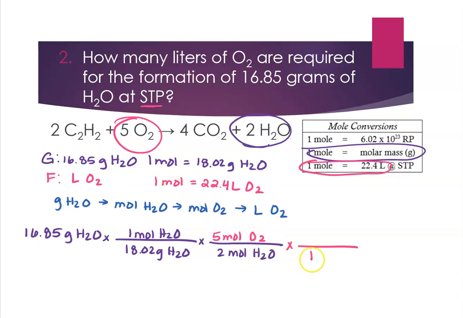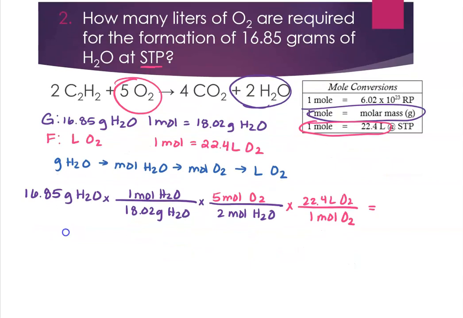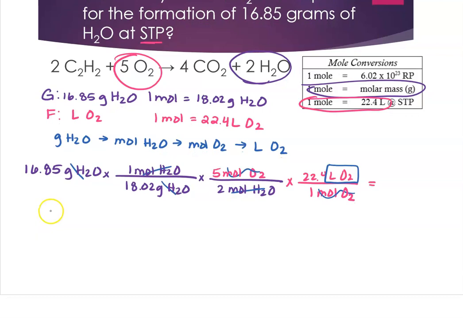So moles of O2 are on top, so 1 mole O2 goes on the bottom, and 22.4 liters of O2 go on top. Grams of H2O cancel with grams, moles H2O cancel with moles H2O, moles O2 cancel with moles O2, and I am left here with liters.